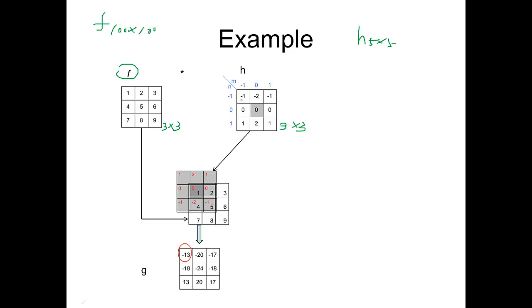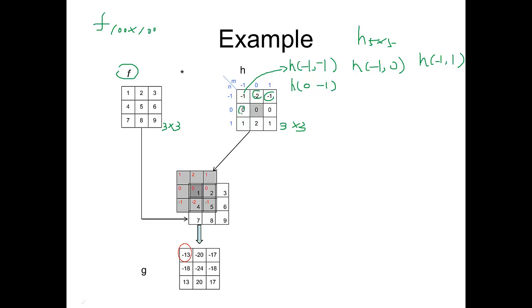See here, this element is H -1, -1. We have two labelings here, one is the X coordinate and one is the Y coordinate. For this, it's H -1, 0. For this one, it's -1, 1. For this one, it's H0, -1.